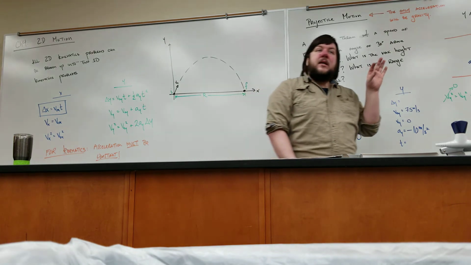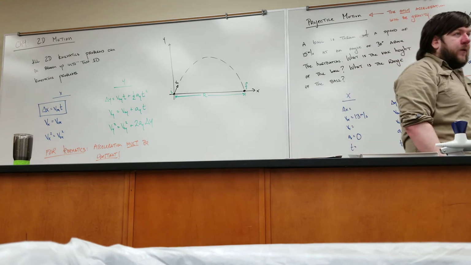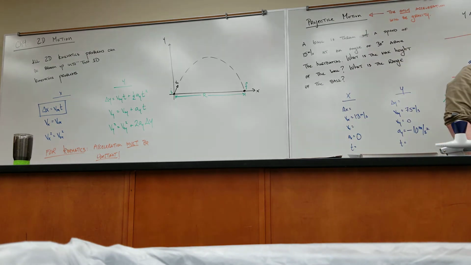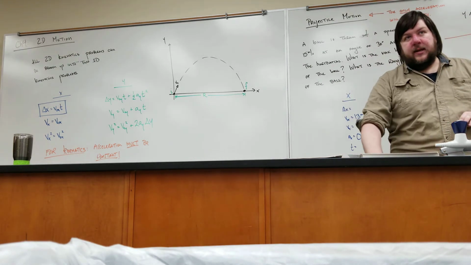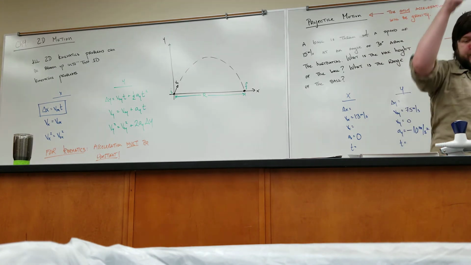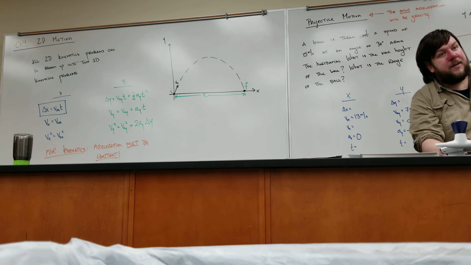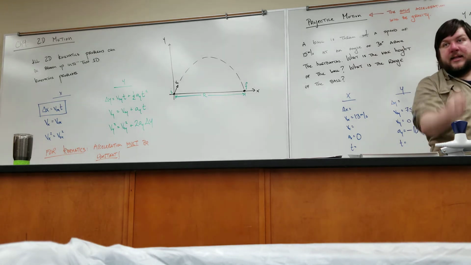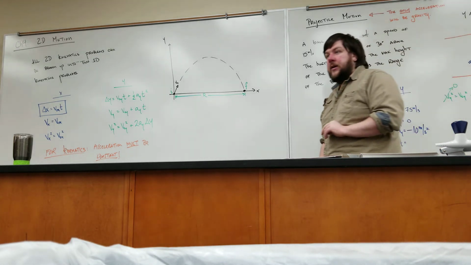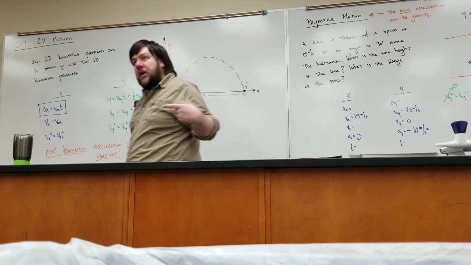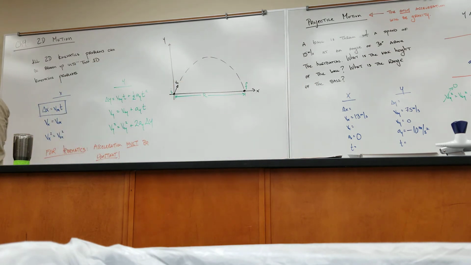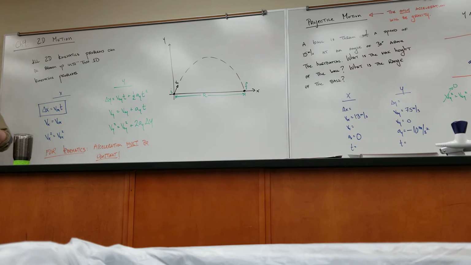What limits how long the object is in the air for is the y direction. The ground is what limits it. The object goes up, the object comes down, and eventually it hits the ground. That's a barrier in the y direction. That's not a barrier in the x direction. As far as the x direction is concerned, the object moves forever. Okay? That's important to understand because it'll help you solve problems.